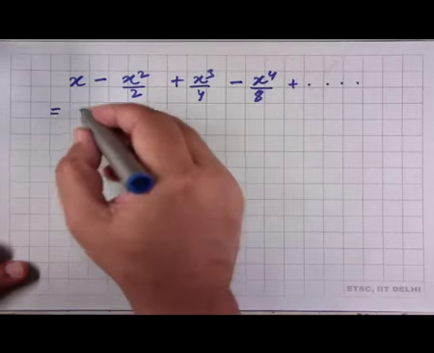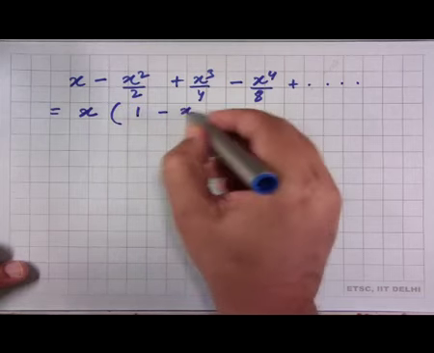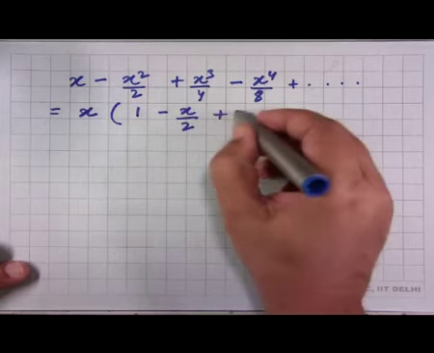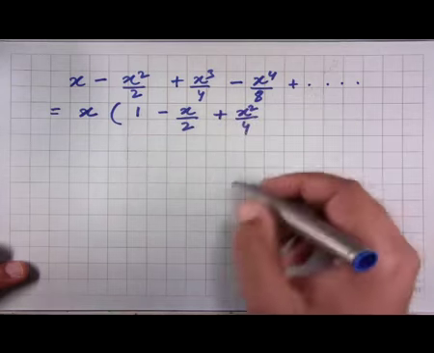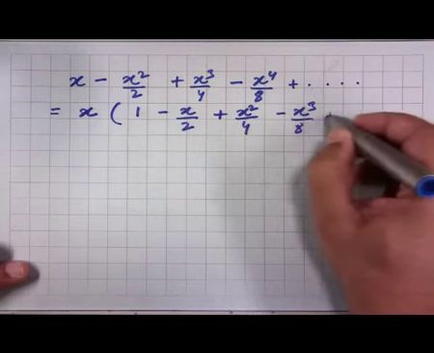So, we can take x as the common factor outside, and then we get 1 minus x over 2 plus x square over 4 minus x cube over 8 and so on.